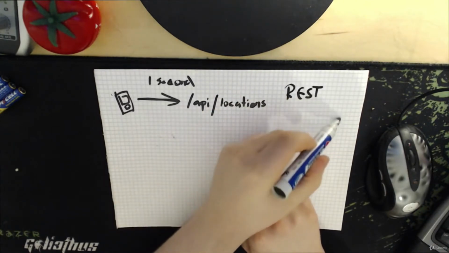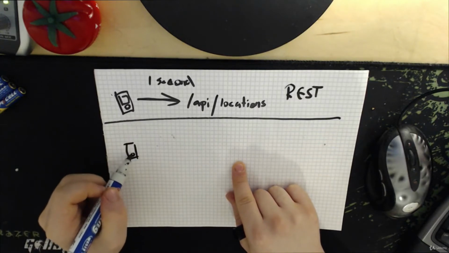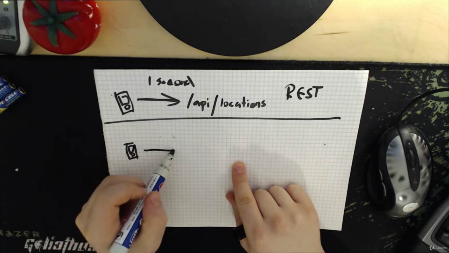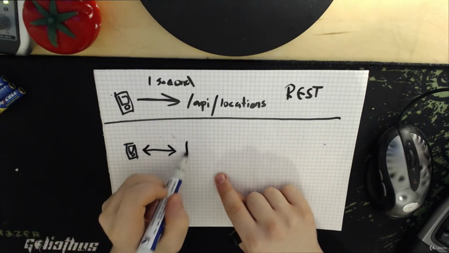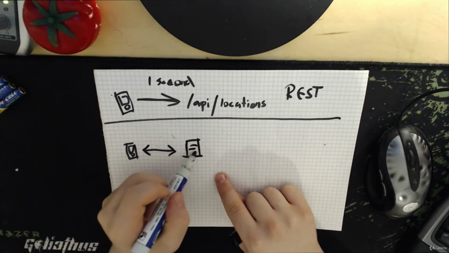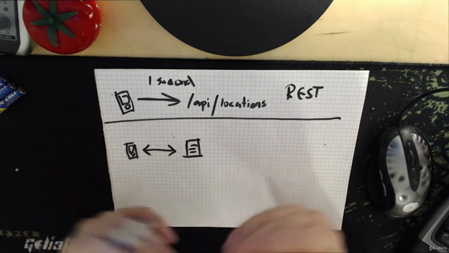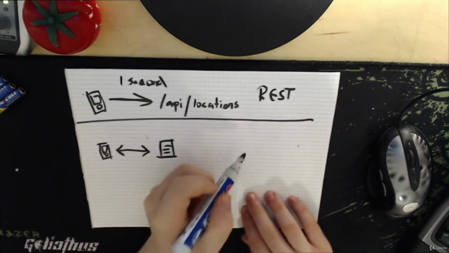That's REST. Now instead we have something where we have a client here and they have a WebSocket connection to our server. That's our server. We can have it in Node.js, in any sort of language, but it's using WebSockets instead.